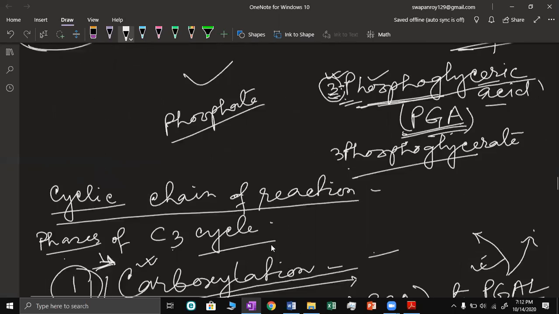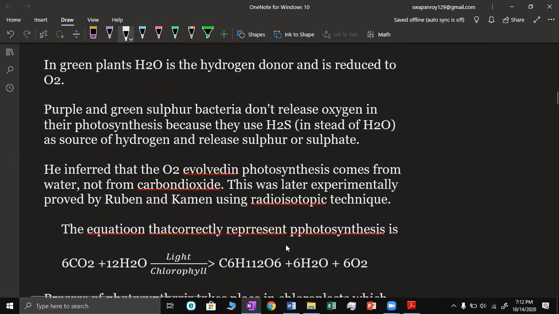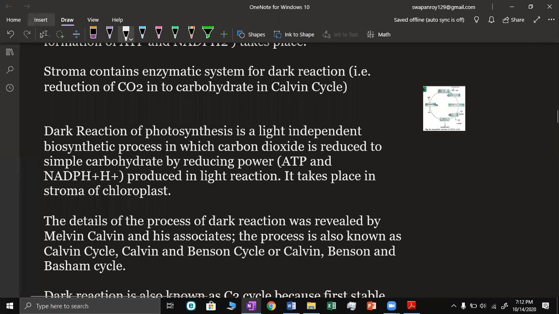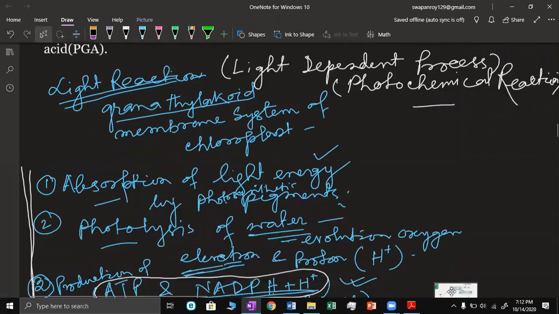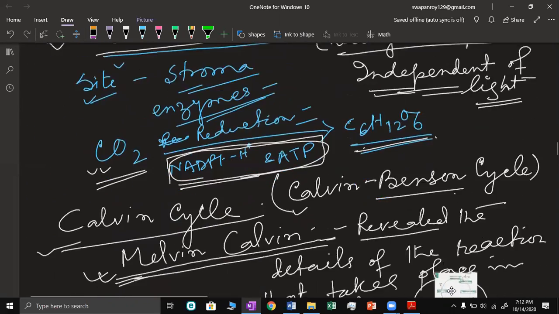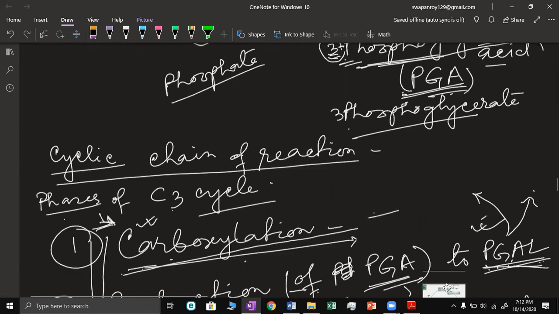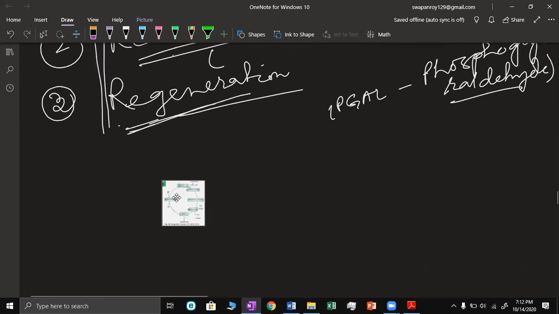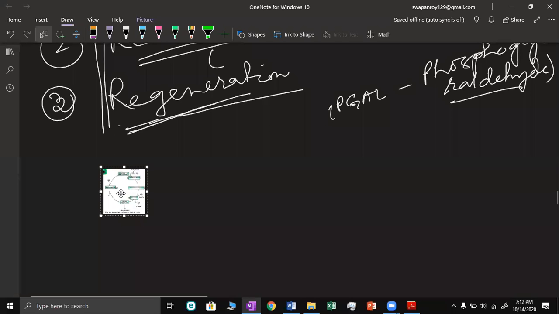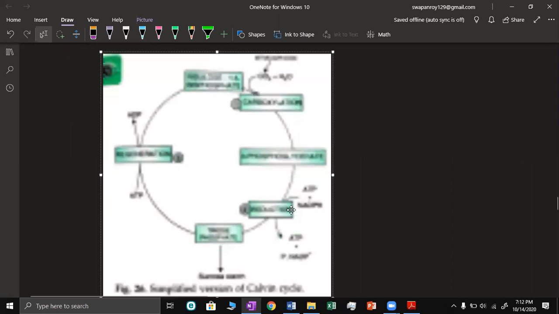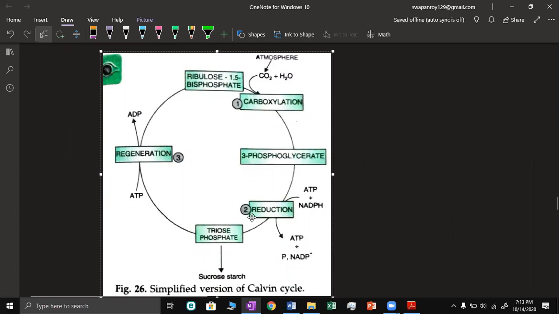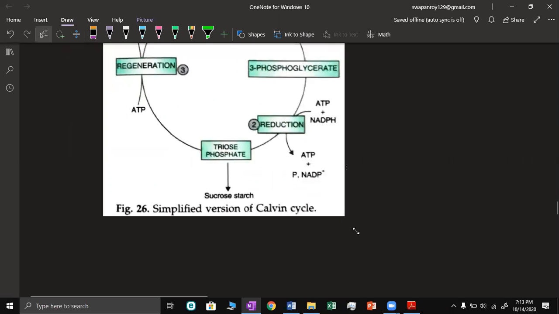Now, see here, I will show you a short form of this dark reaction, that is the Calvin cycle.